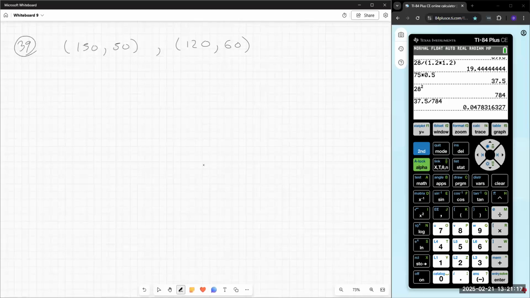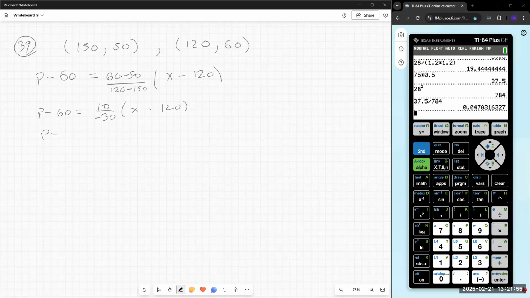Assuming that it's a linear demand function, we have P minus 60 is equal to (60 minus 50) over (120 minus 150) times (x minus 120). P minus 60 is 10 over negative 30, x minus 120.